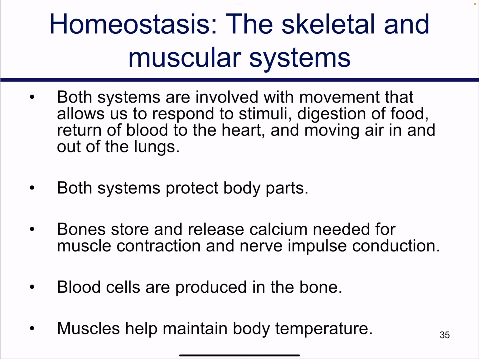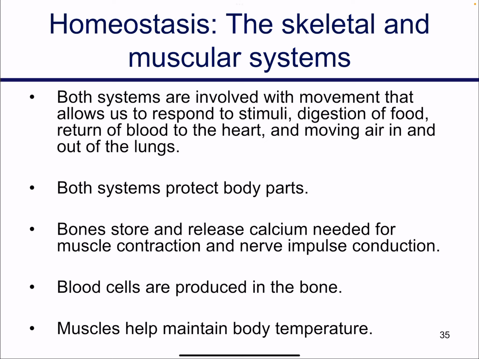Now, the cardiovascular system also works alongside the urinary system, right? And works alongside the skeletal system, because the skeletal system actually stores calcium. So does the muscular system, right? And calcium is essential for strengthening the bones, right?